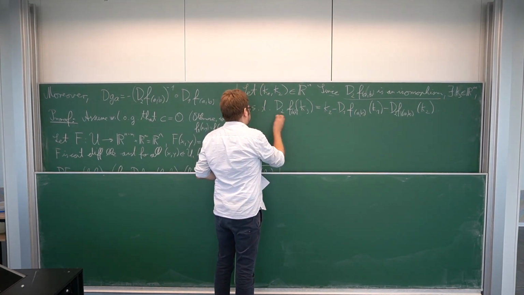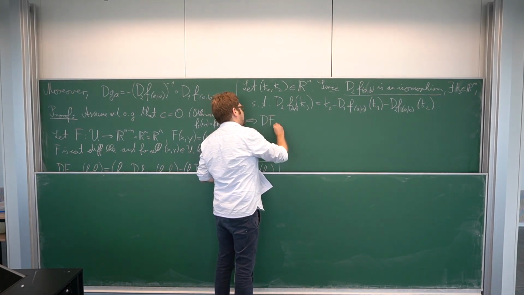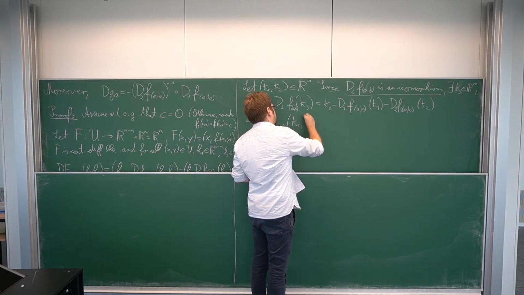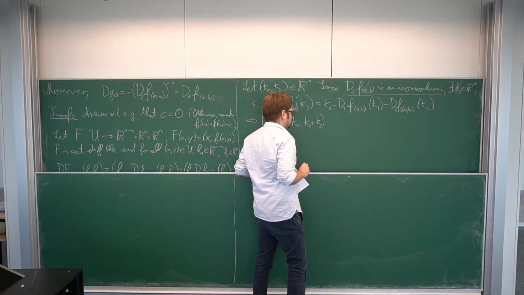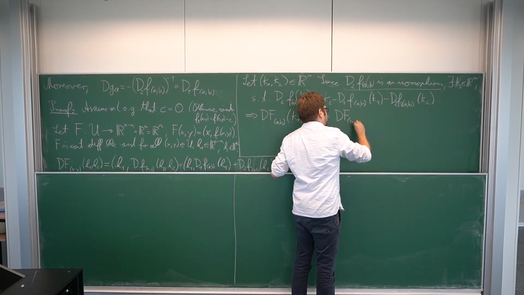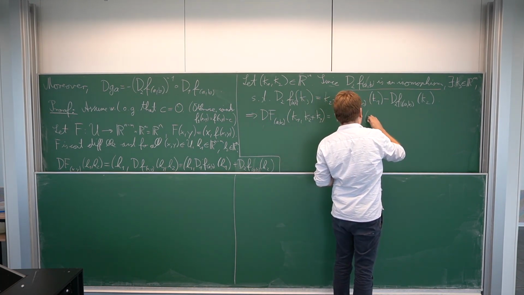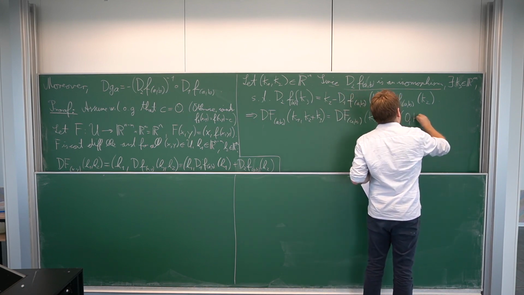This is chosen because it works out nicely, since it turns out that dF in (a, b) of the vector (k1, k2 plus k3) is the same as dF in (a, b) of (k1, k2) plus (0, k3).